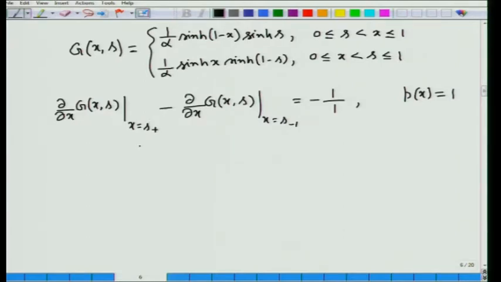So, therefore, from this definition of the Green's function, we find this will be ∂/∂x of 1 by alpha sinh(1 minus x) sinh s.